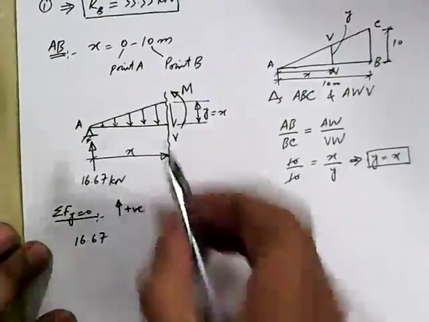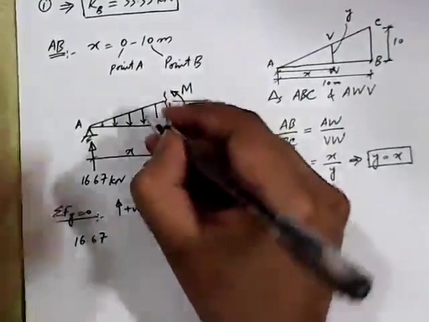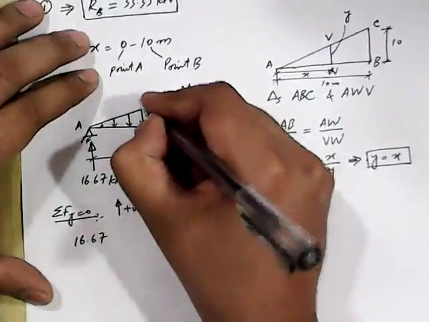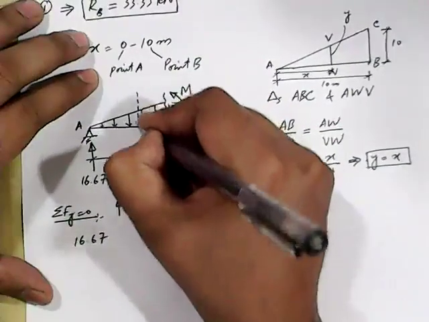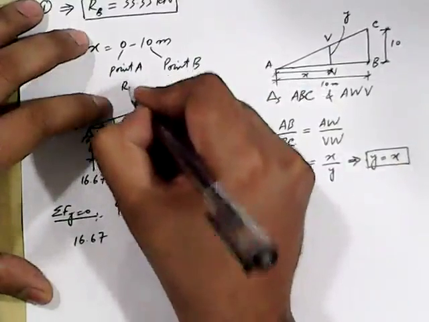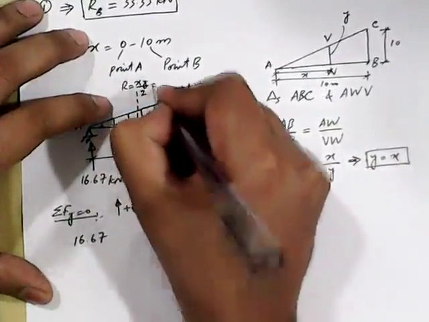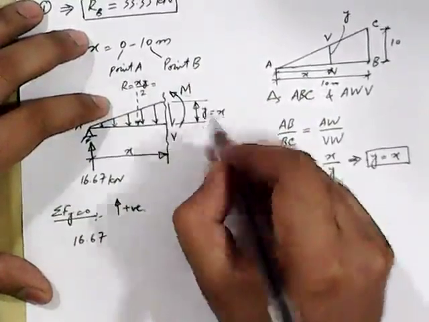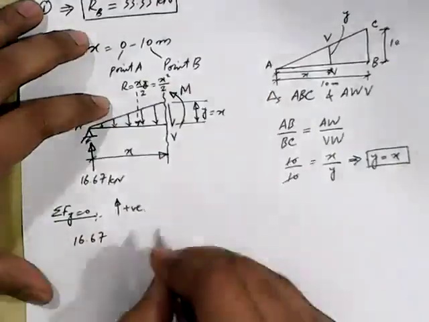Then, what about the resultant of this triangular load? We mark the resultant here, acting somewhere over here, and the magnitude of the resultant will be x into y divided by 2, and we have calculated y equal to x, so it will be x square divided by 2.